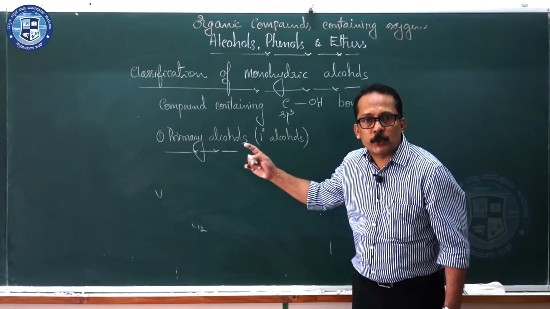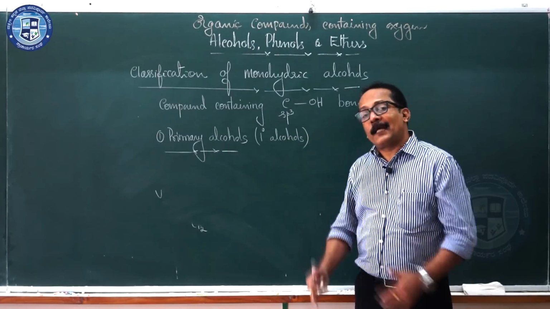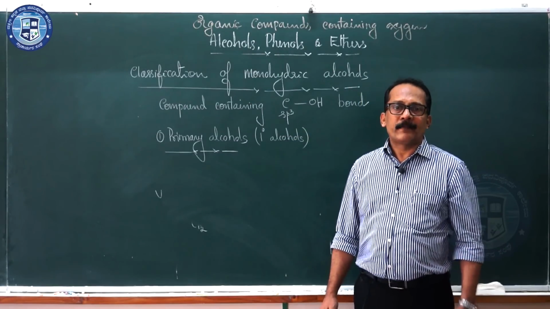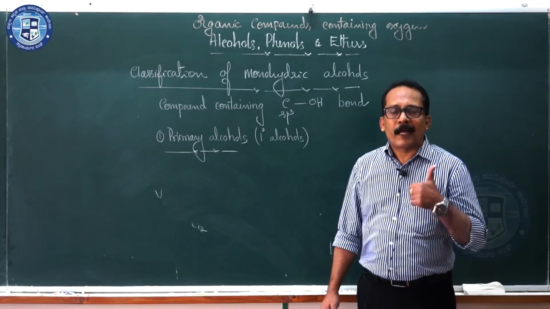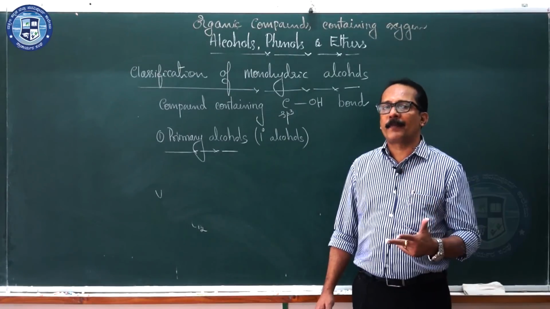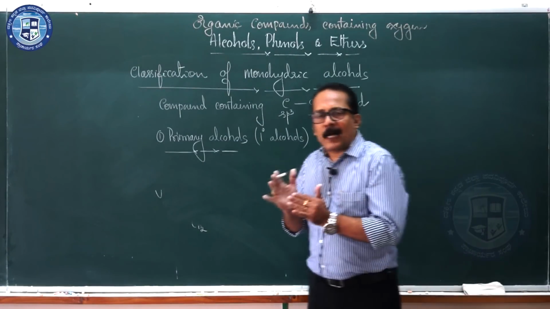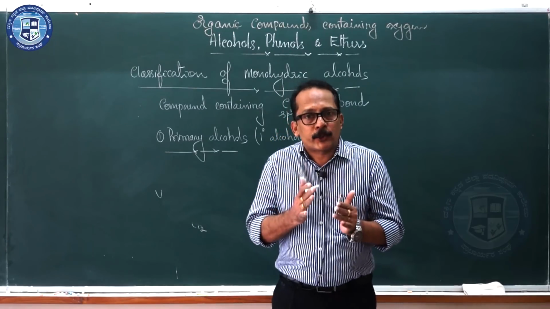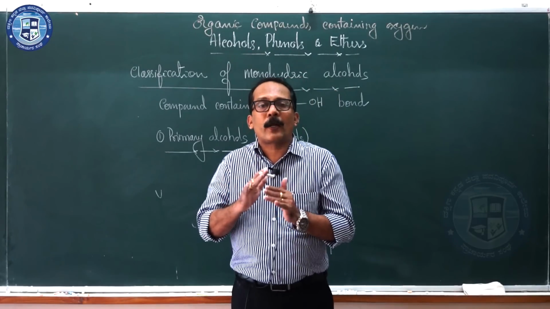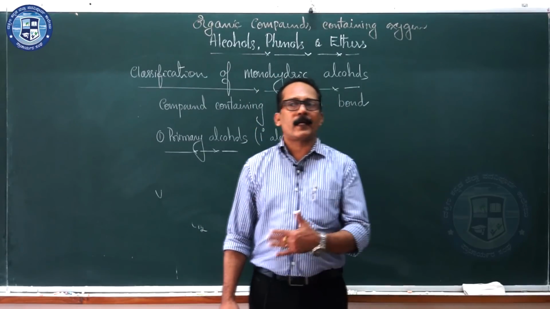The OH group is attached to a primary carbon atom. About the different types of carbon atoms, there are primary, secondary, tertiary, and quaternary carbon atoms. A primary carbon atom is one which is attached to only one other carbon or none. Such carbon atoms are called primary carbon atoms.